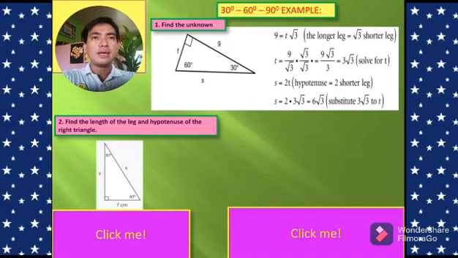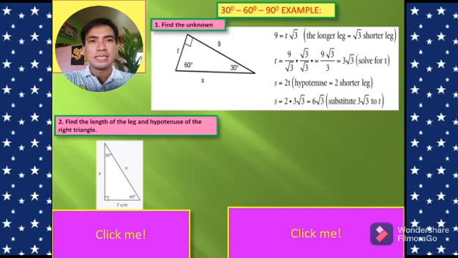Find the length of the leg and the hypotenuse of a right triangle based from our illustration. So, right there, our shorter leg is 7 centimeters and our longer leg is y, and x is our hypotenuse.